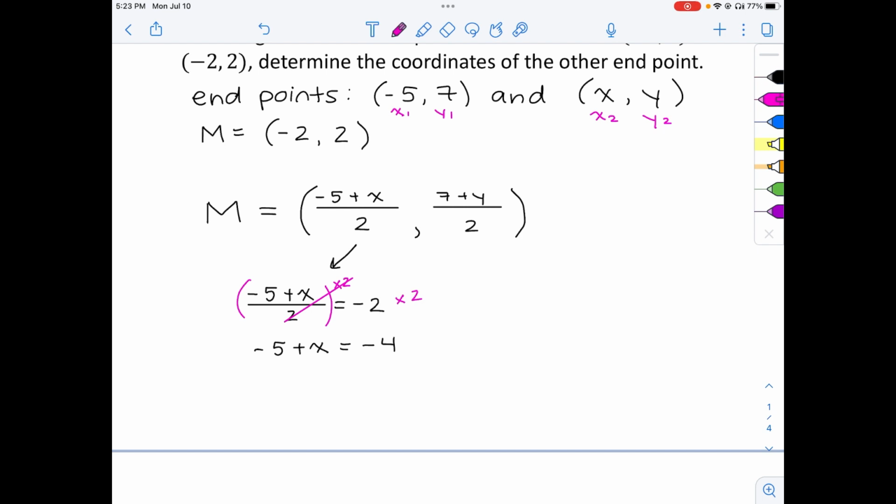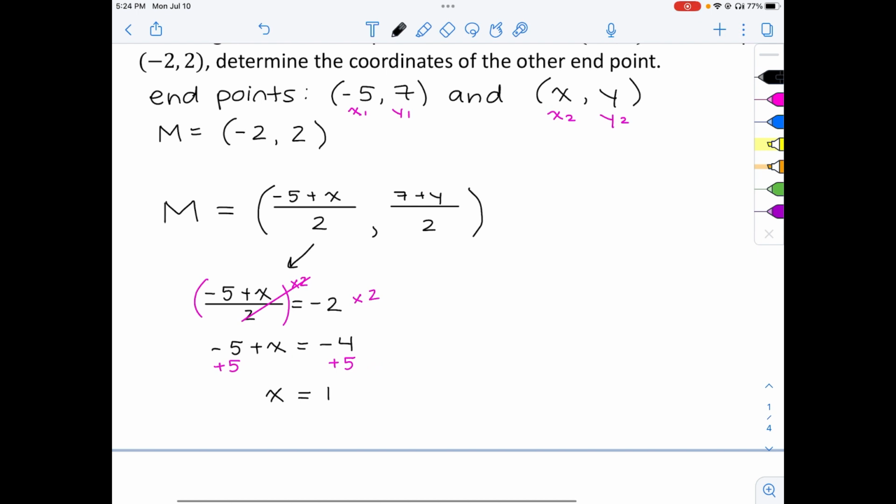I'm doing the opposite operation, so it's -5, so I'm going to add 5 to cancel it out. I'm adding it on the left side and the right side. And then I have just x left on this side is equal to, and negative 4 plus 5 is positive 1. Okay, so that's my value of x.